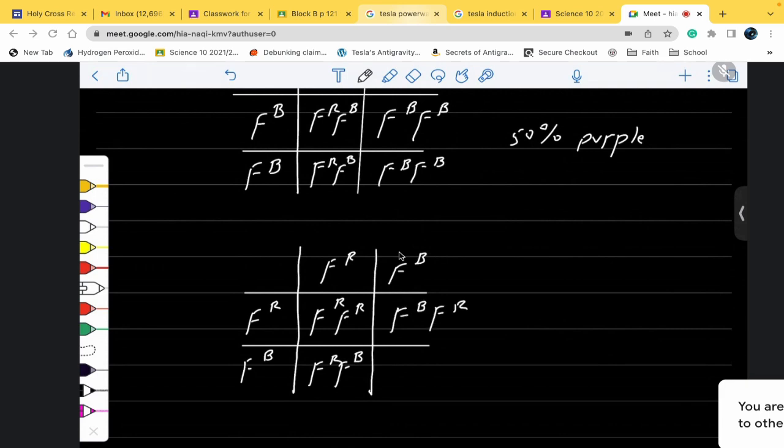It's the same thing as FR, FB. The order does not matter. FB, FB, there you go. There's your 50%. That works. There's one here. That's an FR, FB in a different order. That's an FR, FB as well, meaning two purples, 50% purple.